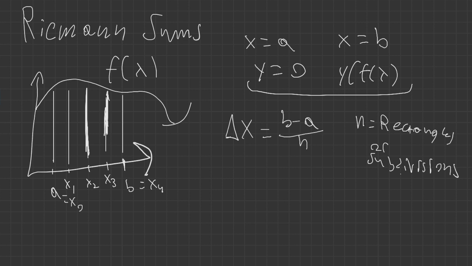So the way that Riemann sums work is you turn these subdivisions here into rectangles, and then you get the area under each of these, and then you sum them.